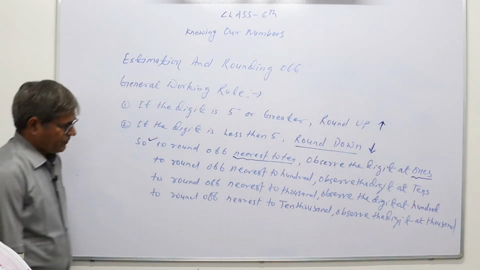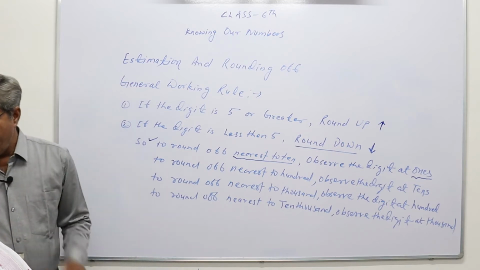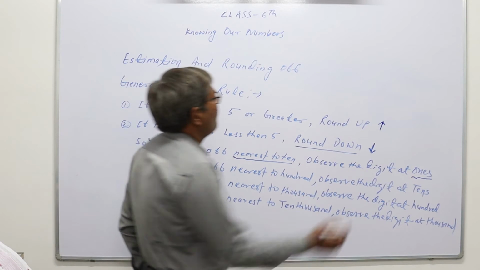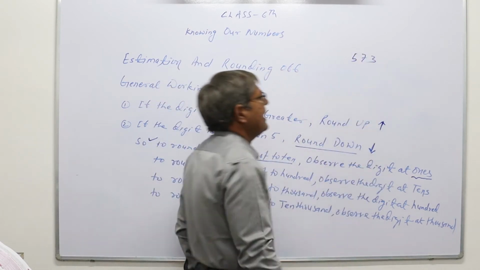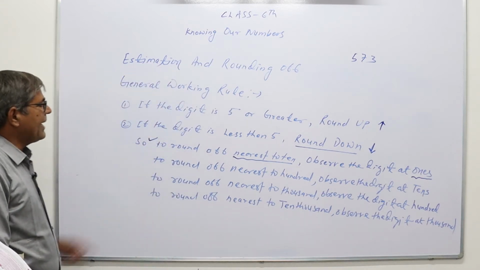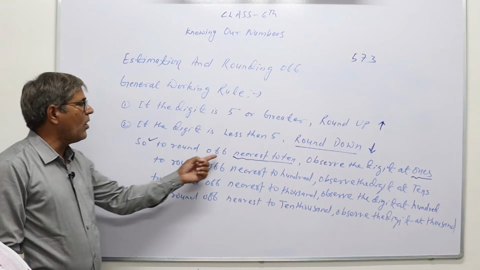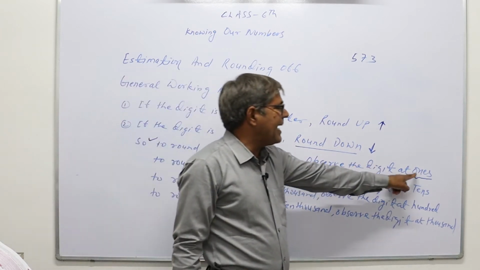For example, if we have to round off 573 to the nearest 10, then how will we round off? Again, see the rule. To round off to the nearest 10, observe the digit at ones.